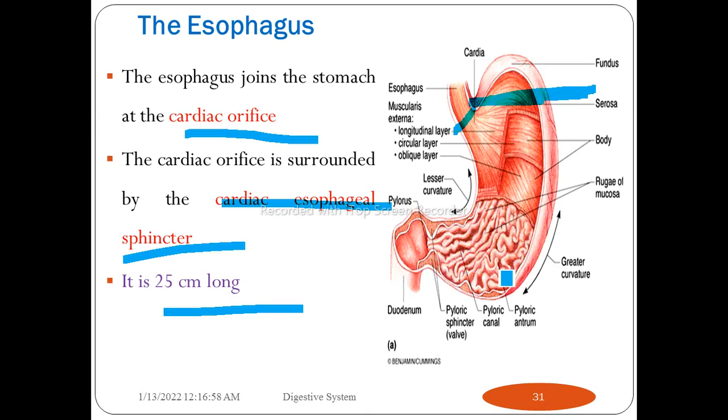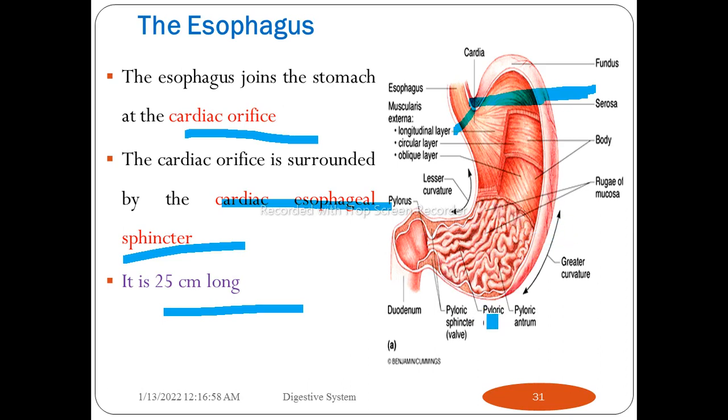This is the pyloric antrum, this is the pyloric canal, whereas this is a sphincter, known as the pyloric sphincter. The pyloric sphincter or valve prevents backflow from the duodenum or small intestine to the stomach. So mainly we have the cardiac part here, the fundus here, the body here: cardiac 1, fundus 2, body 3, pylorus 4. So we have four parts of the stomach.